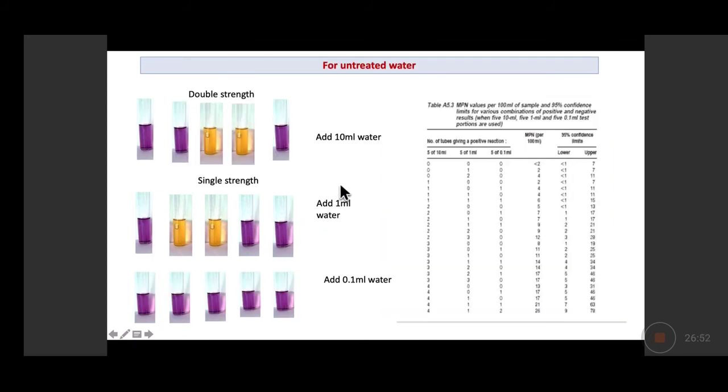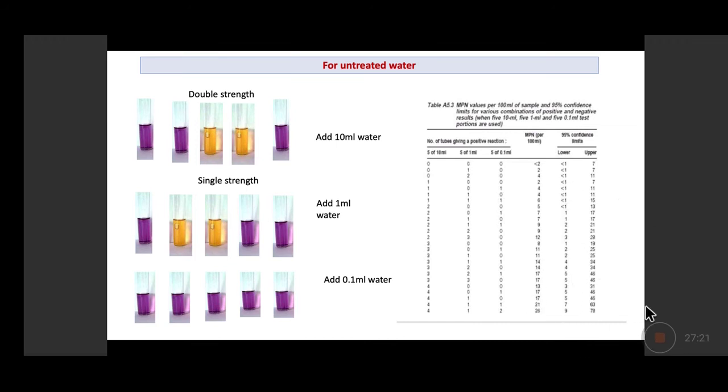Secondly, in this, can you tell me what will be the reading for this? In the first set, there are 2 tubes which are giving positive reaction. In the second set, again, there are 2 tubes. And in the last one, again, there are no tubes which are giving any reaction.